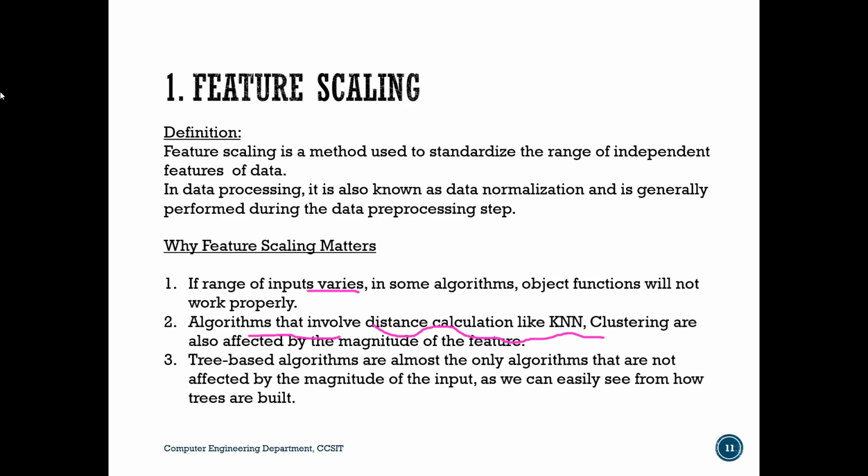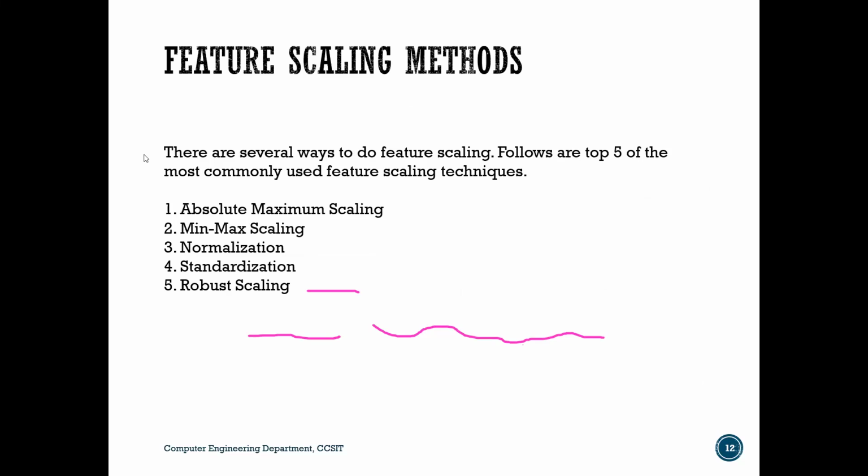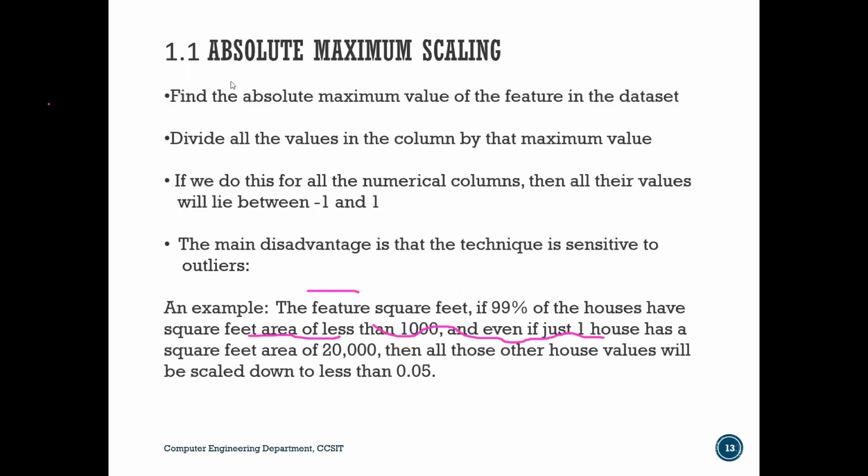Now I am going to explain what feature scaling is. Here we have these types of techniques, and we need to apply them to do the scaling. For scaling, first is absolute maximum scaling.